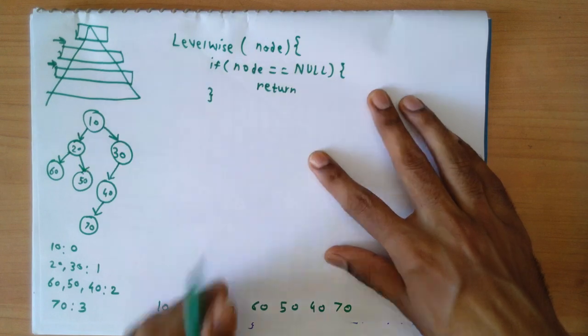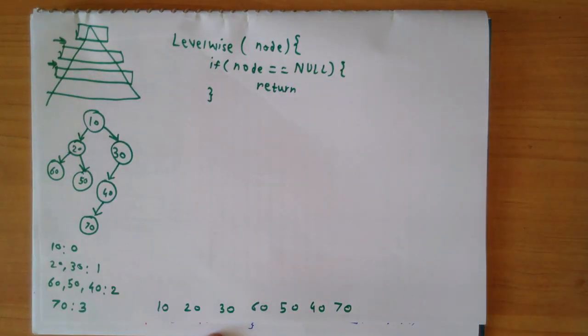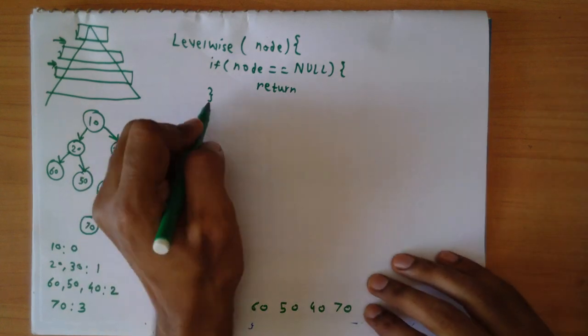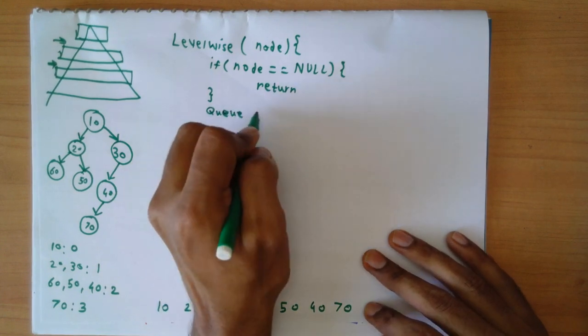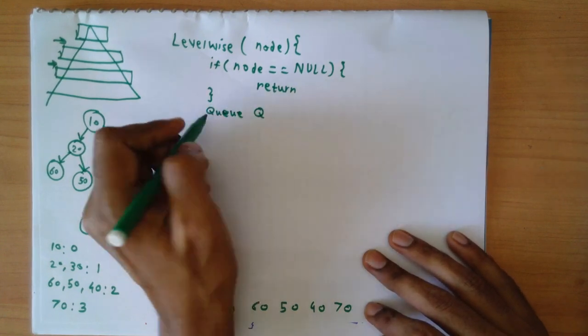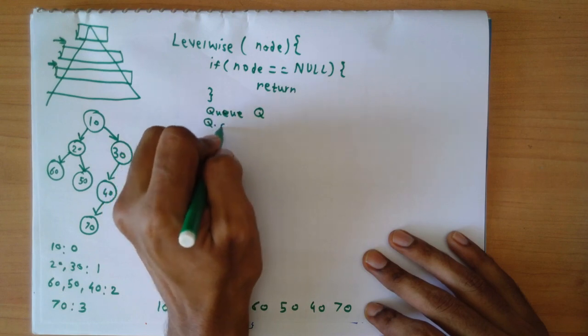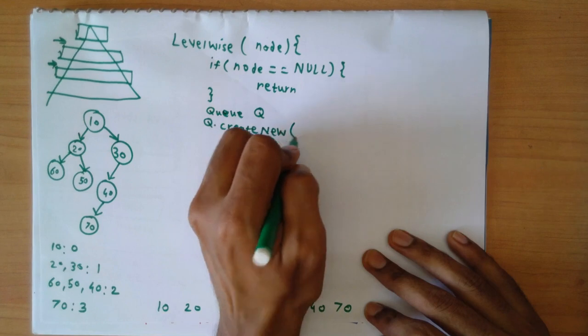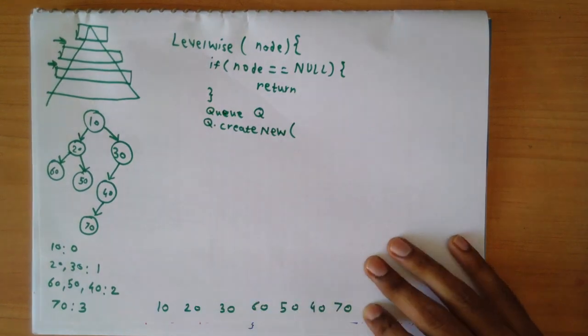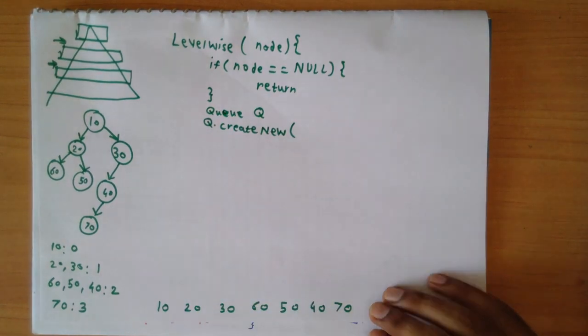If that's not the case, if our tree is not empty, then we should create a queue. Let's name it queue, and create a new queue with the capacity again being at the most the number of nodes in our tree.